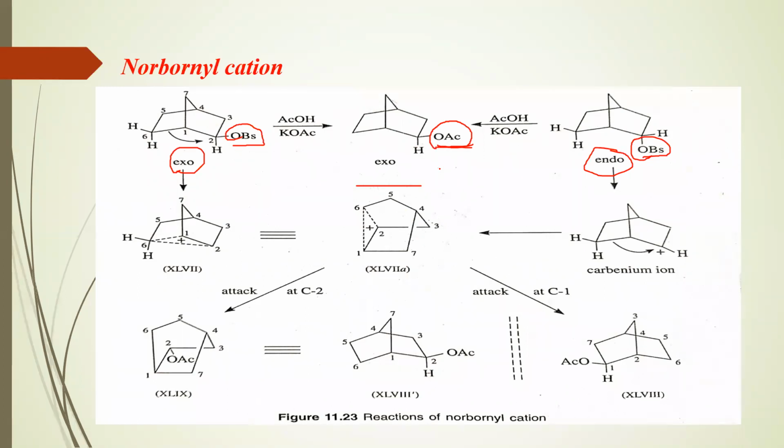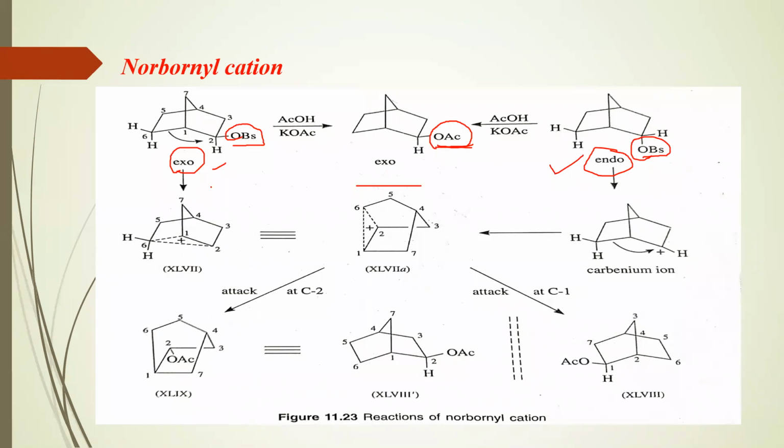In that case, both the endo and exo norbornyl brosylate undergo acetolysis to acetate. In the first fact, the exo isomer solvolysis is 350 times faster than the endo isomer. Here, in the solvolysis reaction, the exo isomer is faster than the endo form, 350 times faster.